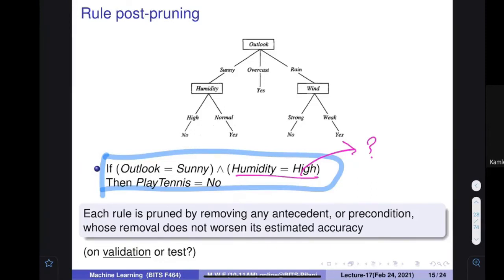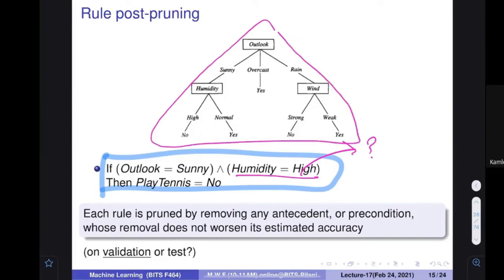By putting this question mark, you may get a better hypothesis. So rule post pruning says that whatever hypothesis you obtain from the tree, you do some kind of generalization on it and see what is best. Whenever you do this generalization, you again need a validation set to tell whether it is beneficial or not. So again validation is needed here.